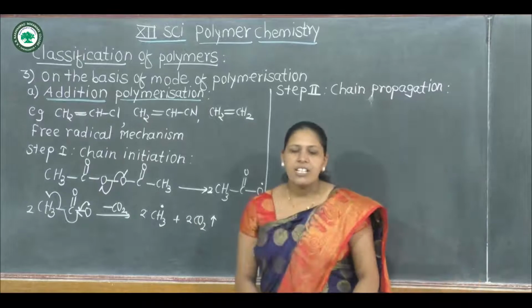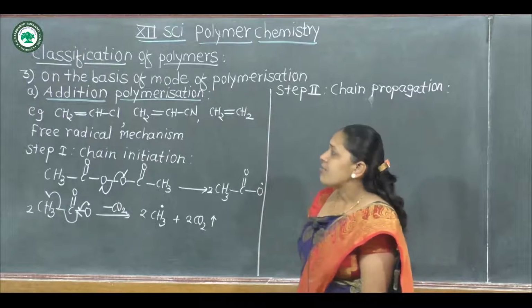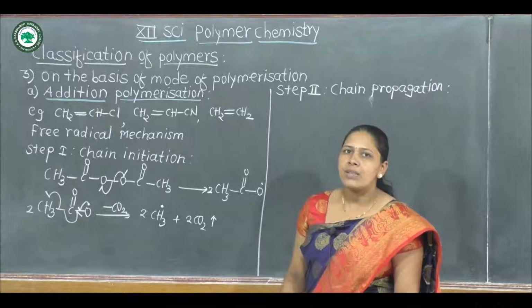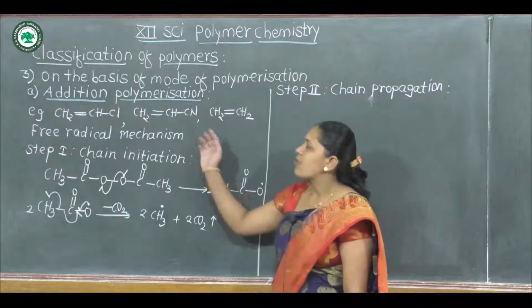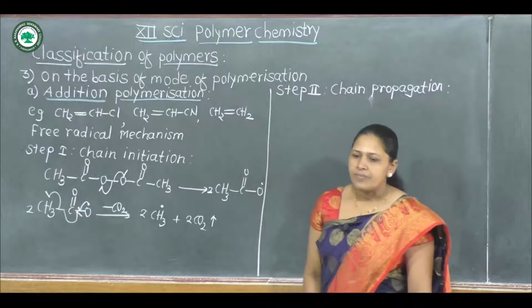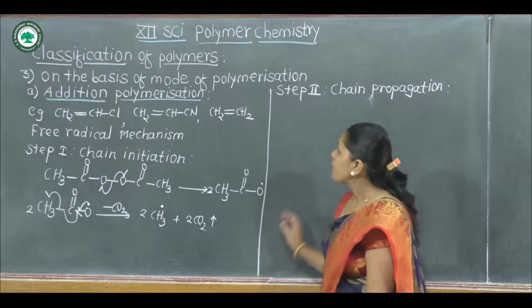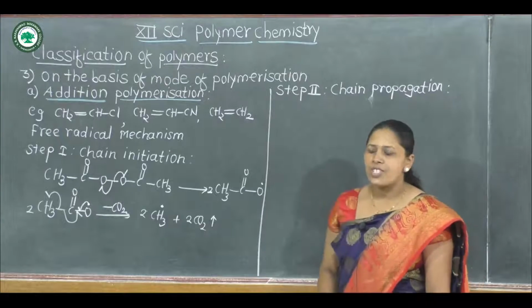This methyl free radical then reacts with a monomer containing a double bond, either vinyl chloride, vinyl cyanide or ethylene. Here is the general reaction for chain propagation.